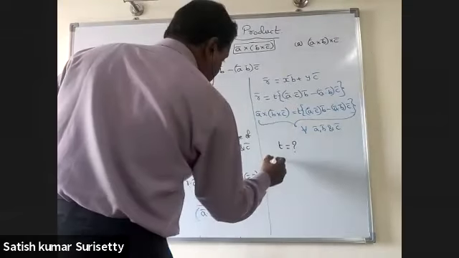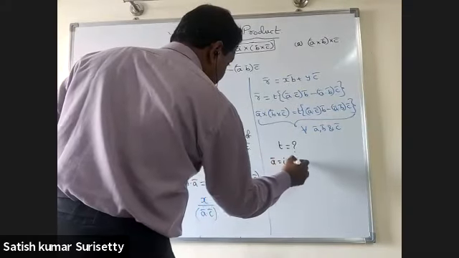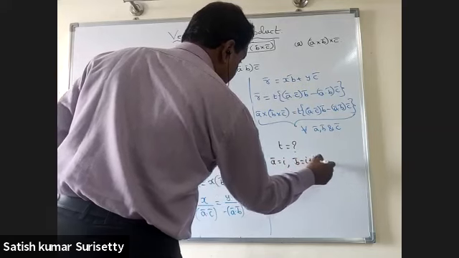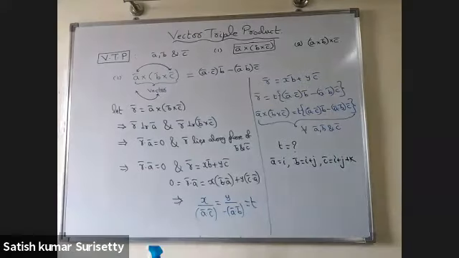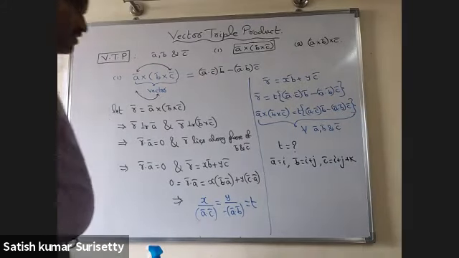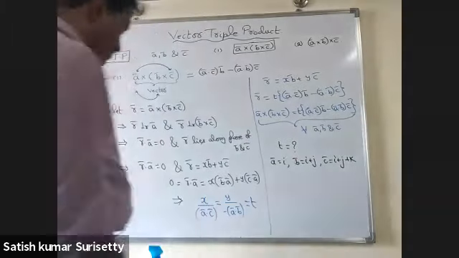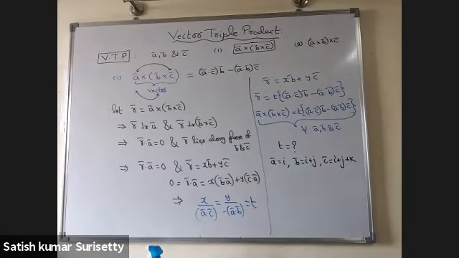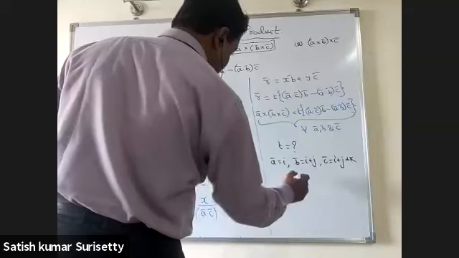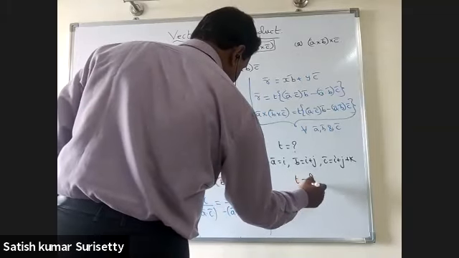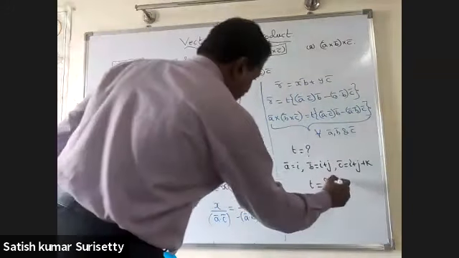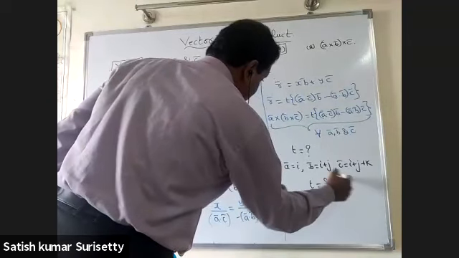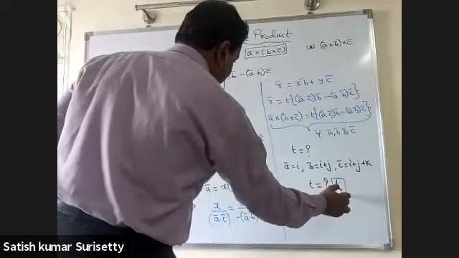Now let us take A bar as I, B bar as I plus J, C bar as I plus J plus K. Check in case it turns out as 0, left side or right side, then change to another possibility. Calculate the left hand side and the right hand side and tell me what the value of T is. So you'll get the value of T as what? 1. Now you back substitute T equal to 1.